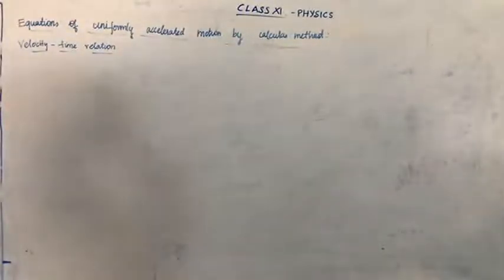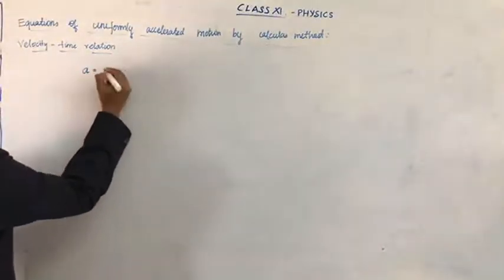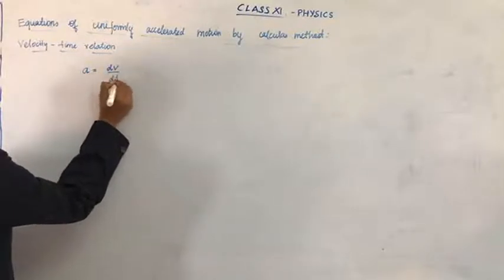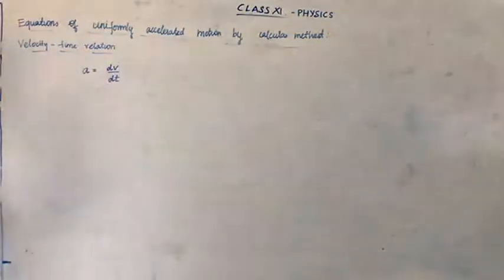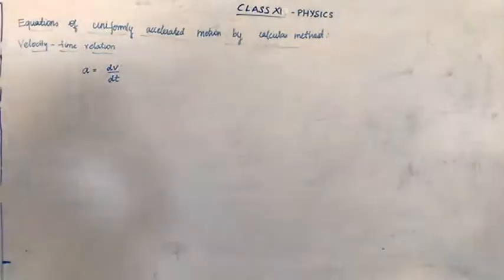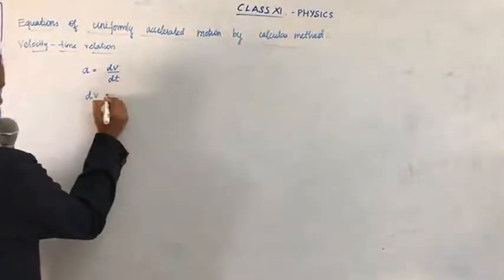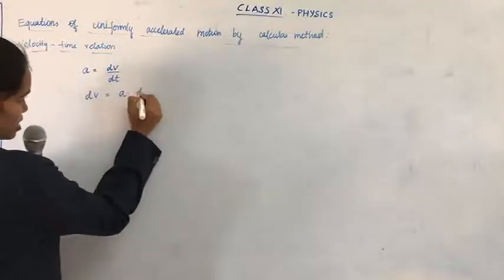First of all, the acceleration of a body at any instant is given by the first derivative of velocity. What is acceleration? Acceleration is equal to change in velocity by change in time. Now dv equal to a dt.